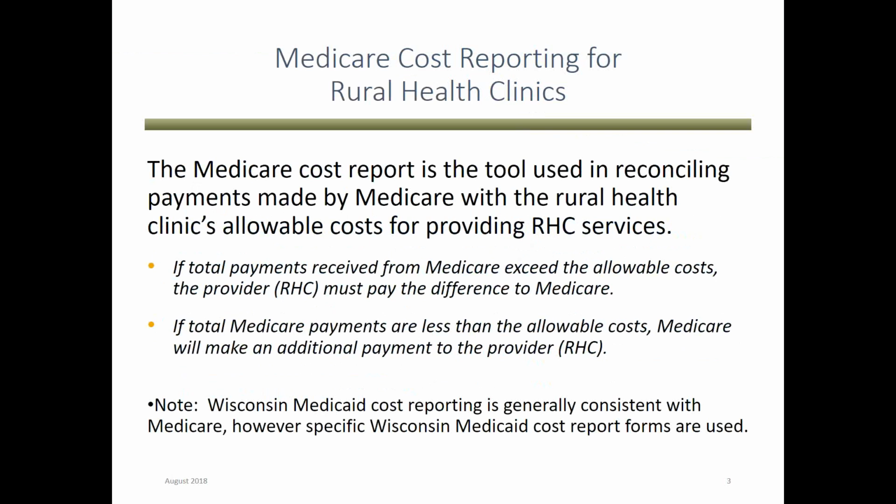However, if total Medicare payments received by the Rural Health Clinic are less than the allowable cost, Medicare will make an additional payment to the provider so that the total payments received by the RHC equal the Rural Health Clinic's Medicare allowable costs.